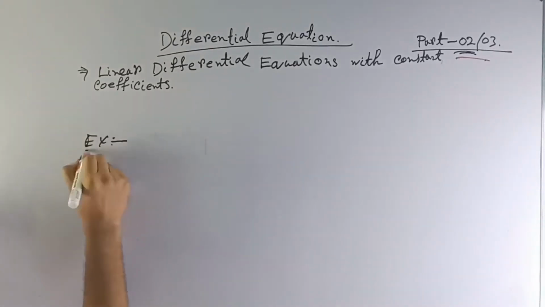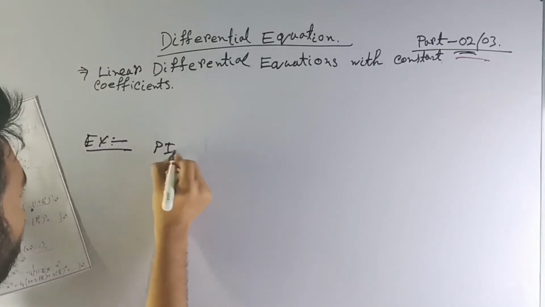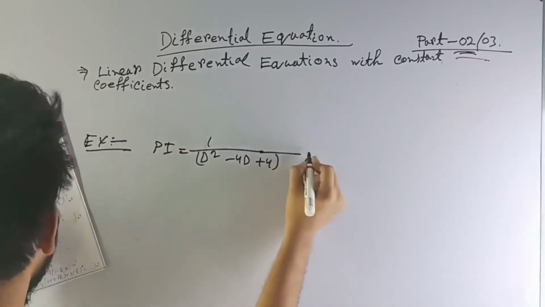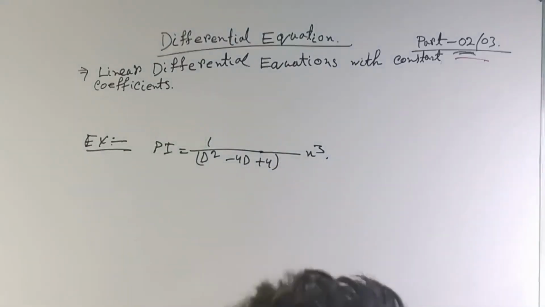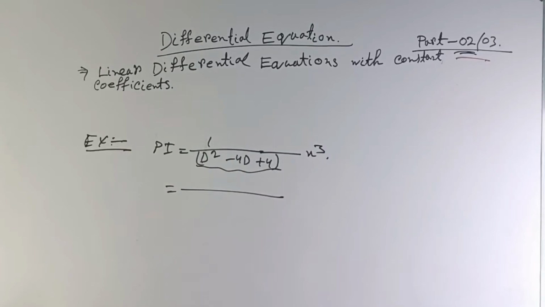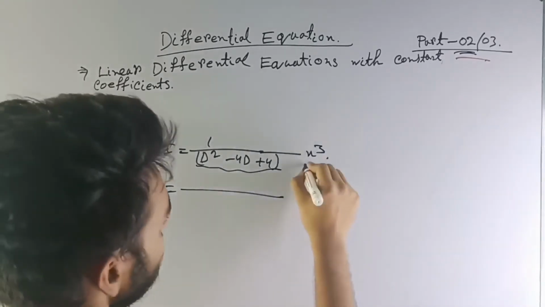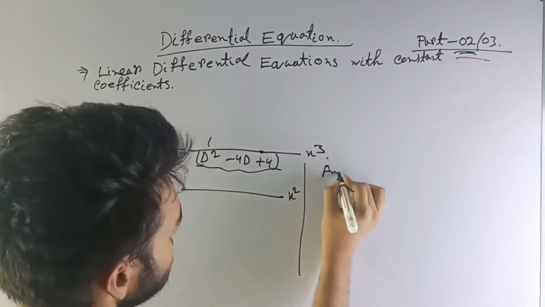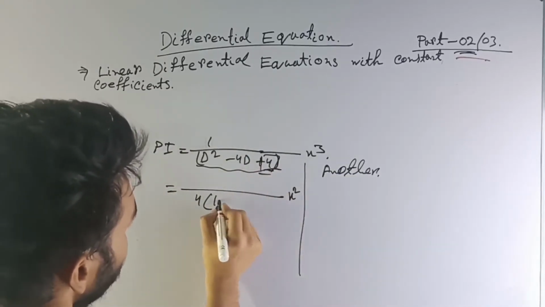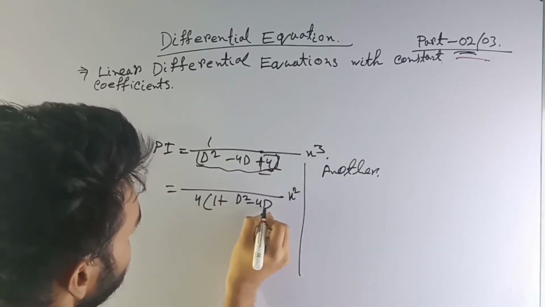Now guys, watching the second question, the example is PI equals to, that means particular integral is 1 by D square minus 4D plus 4 of x cube, that means it's coming also here. Also there is another method, but please work on it at home.